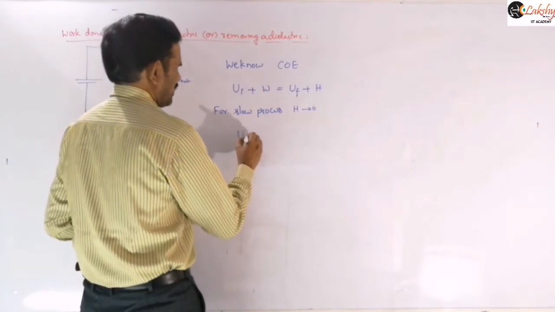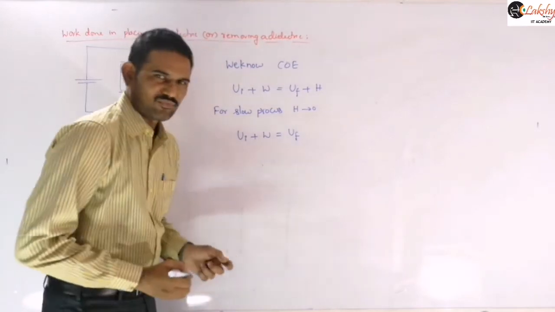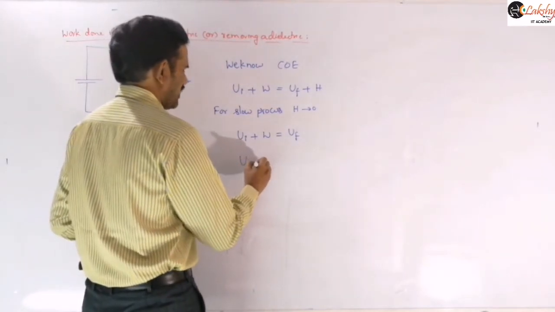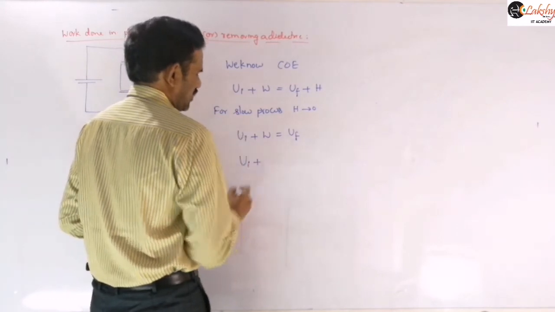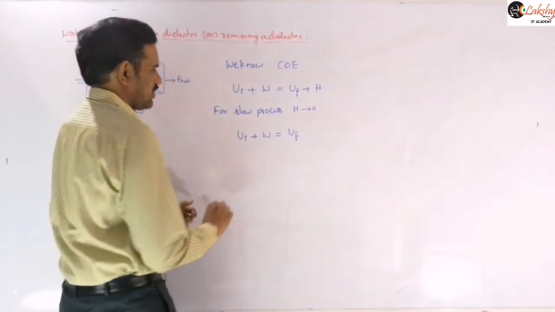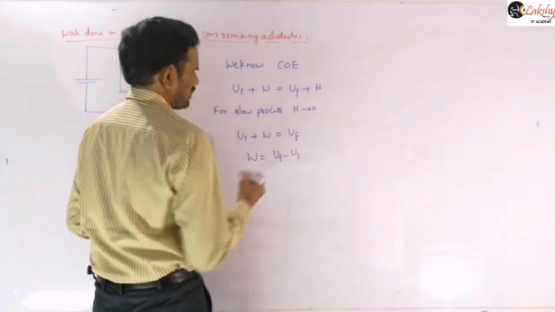Therefore U initial plus W is equal to U final. This is the equation we are going to use here, and I can write this as work done is equal to U final minus U initial.